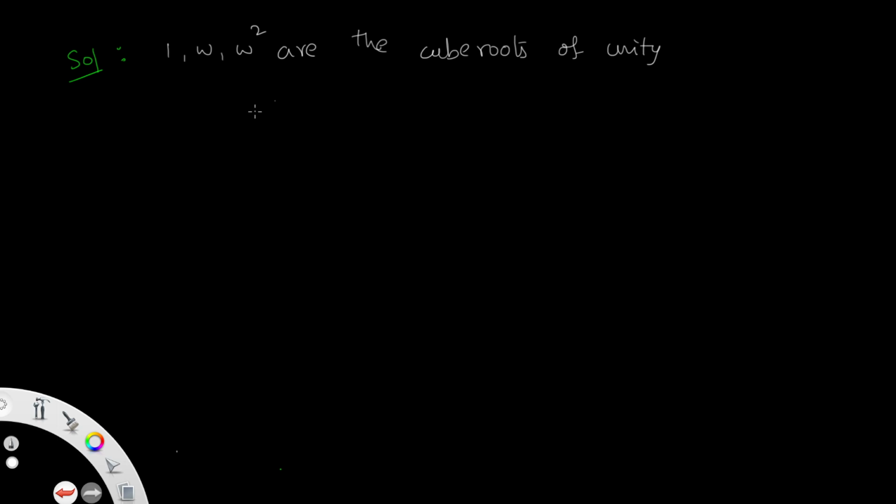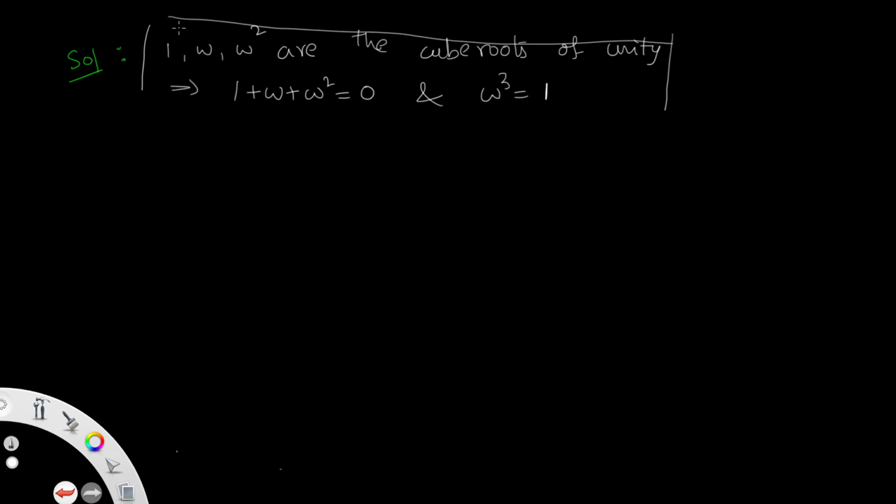That means the basic rules are: the sum of the cube roots of unity is always 0 and the product of the cube roots of unity is equal to 1. This is the basic property. Then 1 plus omega plus omega square equal to 0, the sum of the cube roots of unity is 0, and the product of the cube roots of unity is 1.